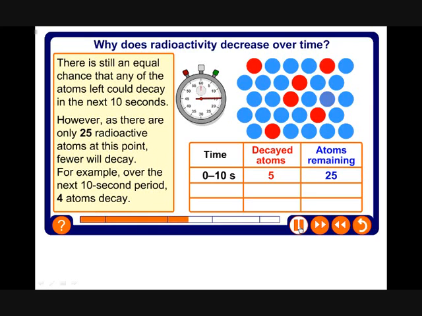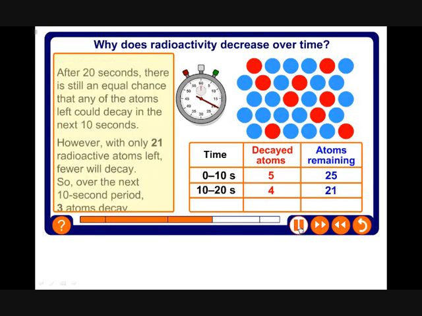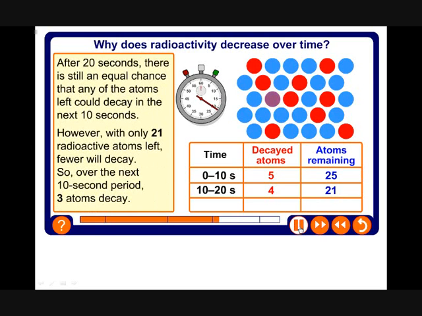But because there's less of them, you'd probably be happy to accept that less will decay. We only had 25 to start with, so now we've only got 4 that decay. So in another 10 seconds, 4 have decayed. If we run it again for another 10 seconds, this time we've only got 21 left. Again, the same chance that any of them can decay, but because there's less of them, we probably are going to have less decay.